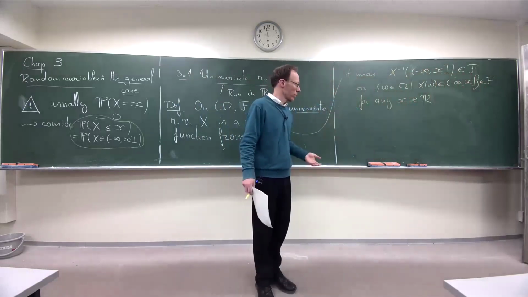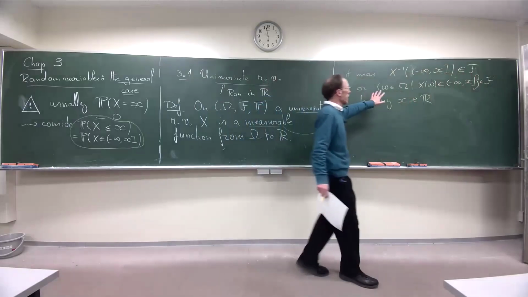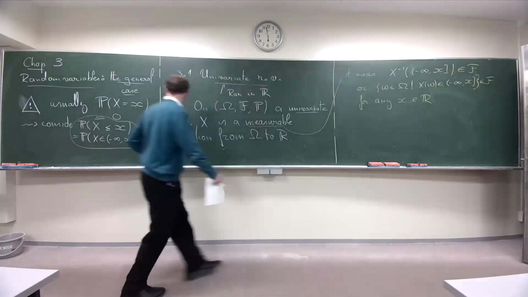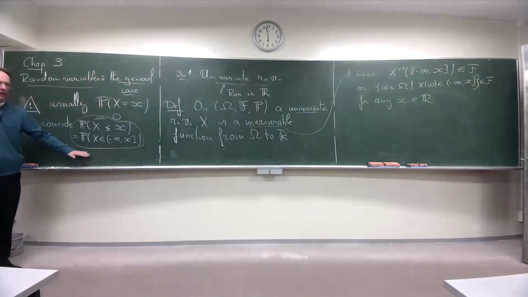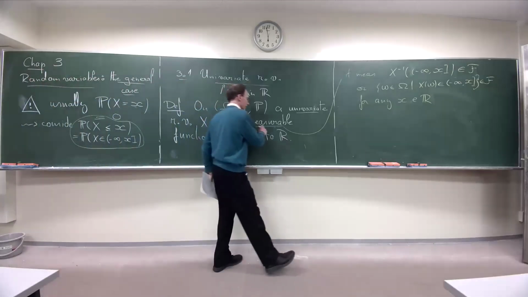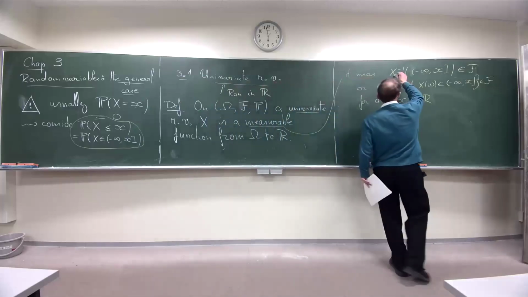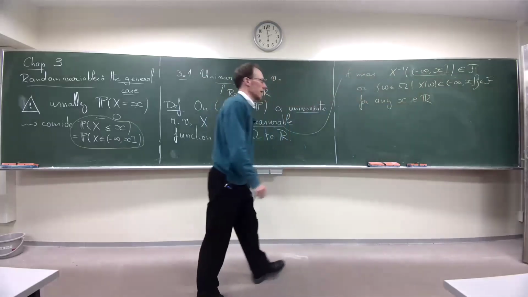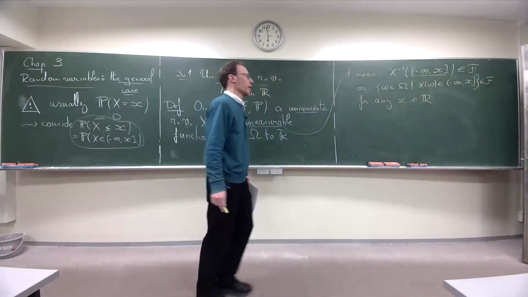I cannot speak about the probability of this set, so I could not write this. So this is a new condition. A function is measurable if the preimage of this interval is an interesting event.